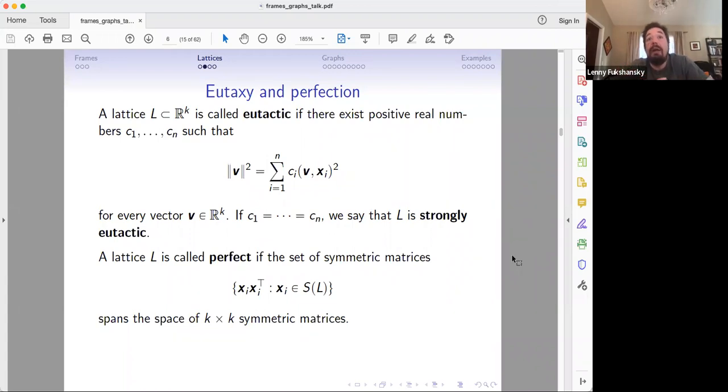So in fact, it is a theorem that both eutactic and perfect lattices have to be well-rounded. But now I should say that eutaxy and perfection are independent conditions. There are eutactic lattices that are not perfect, and there are perfect lattices that are not eutactic.